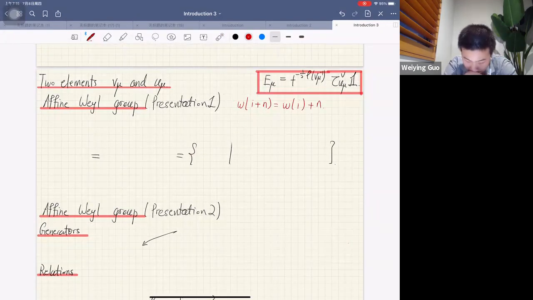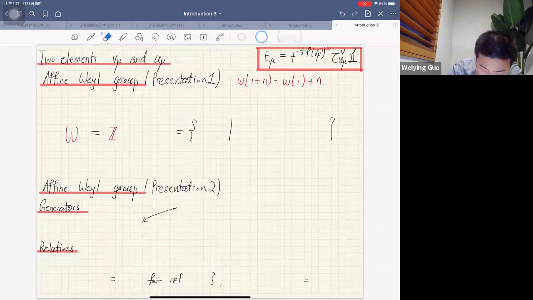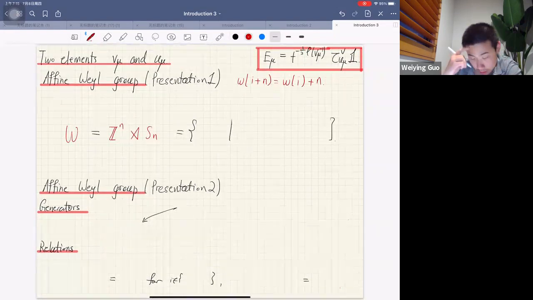This is n-periodic permutations. And there are basically two presentations of this affine Weyl group. One of them is that W is equal to the semi-direct product of Z^n with Sn, the symmetric group.